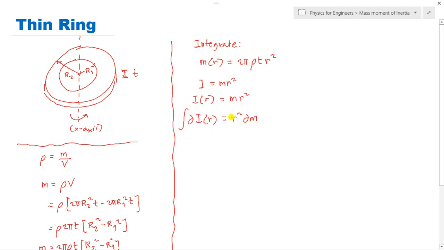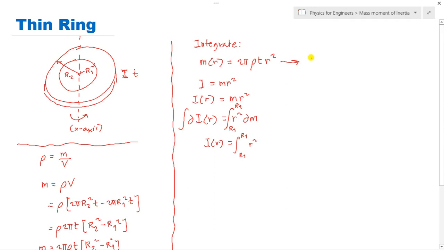Then integrating, the moment of inertia is equal to the integral, here not from zero since our initial radius is r1, until r2, so r1 to r2 of r squared times the derivative of the mass.